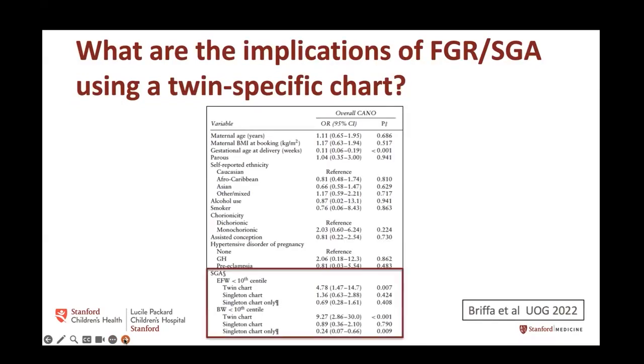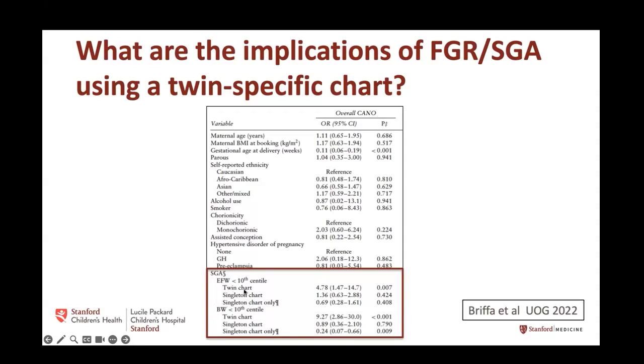And then finally, to really drive that point home, what happens when you start using twin-specific growth charts rather than singleton charts to identify true pathology? In this particular study, you can see neonates that were born small, and this was using a twin chart, and this was using a singleton chart. They stratified both by estimated fetal weight and by birth weight.